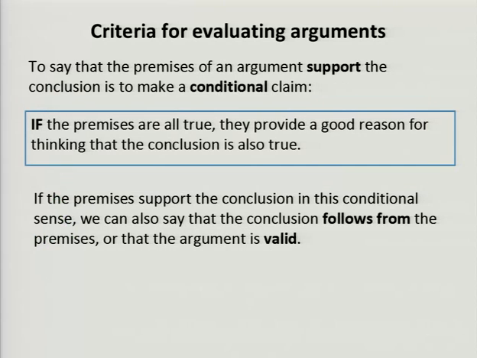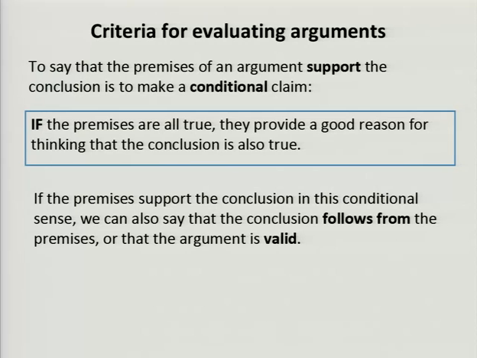So what we can say then, we have soundness, and we'll look at the relationship between soundness and validity in a second, but here's another technical term that we're going to introduce. When we're only asking about the support aspect of an argument, so when we're only asking whether the premises of an argument support the conclusion, basically in this case we would be only assuming that if the premises are all true, then and only then they would provide a good reason for thinking that the conclusion is also true.